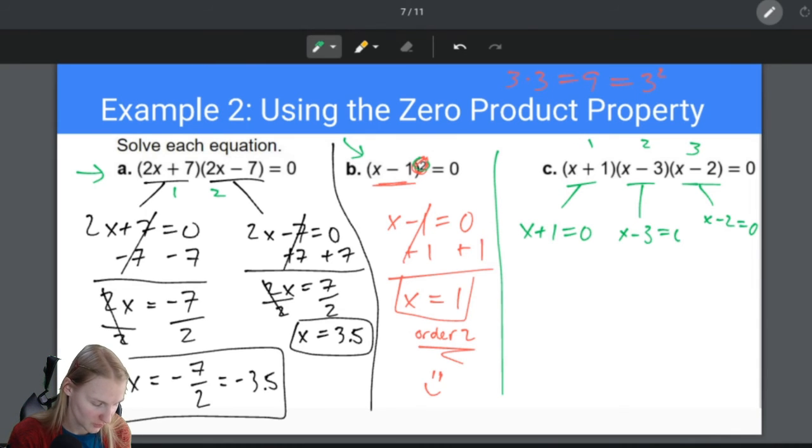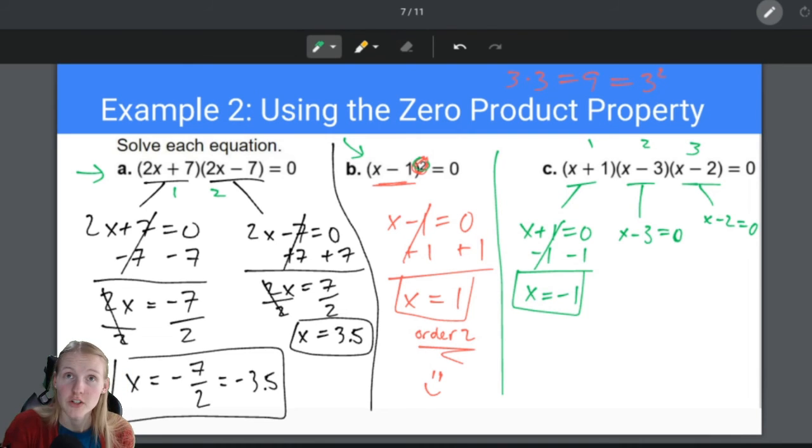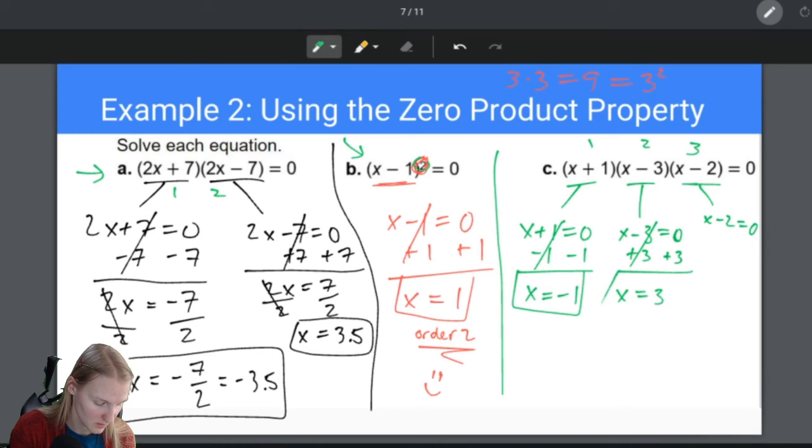So to solve this first one, just minus 1 on both sides, and x is equal to -1. Oops, that's a 0. To solve this second one, x minus 3 equals 0, I just need to add 3 to both sides. So x is 3.